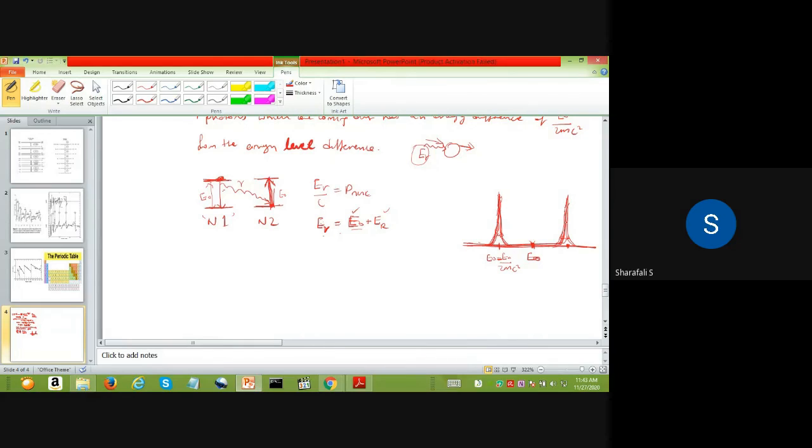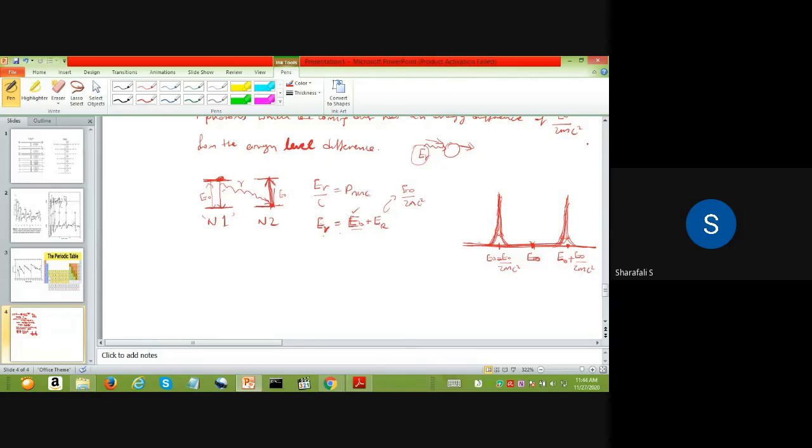So we will have some finite width for that spectrum, and this will be nothing but E0 plus ER, where this ER, your recoil energy, is nothing but E0 squared by 2mc squared. So these two spectra can be possible if you have two nuclei.